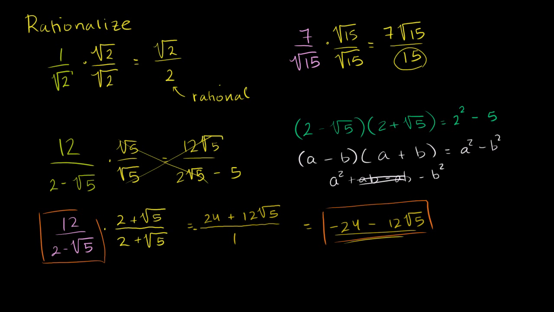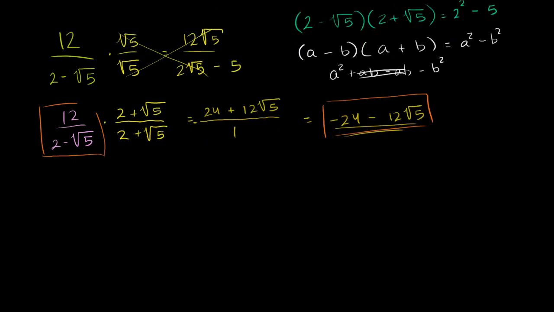Let's do one more of these right here. Let's do one with variables in it. So let's say we have 5y over 2 times the square root of y minus 5. So we're going to do this exact same process.